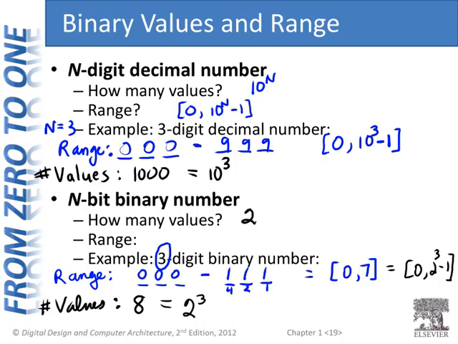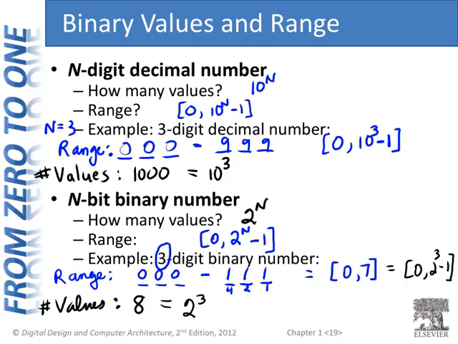For an n-bit binary number, 2 to the n. For a 3-bit binary number, it's 2 to the 3. So for any n, it would be 2 to the n. And the range is 0, smallest number, to the largest number, 2 to the n minus 1.